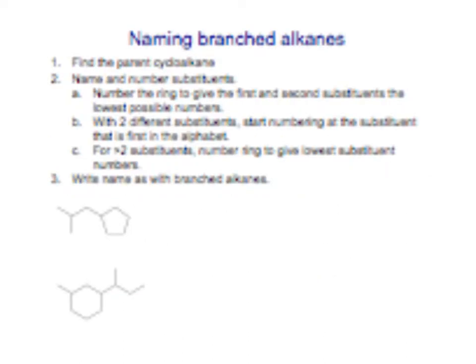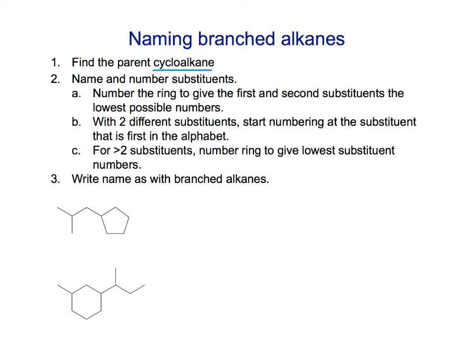The rules are similar, but not exactly the same. The first step is to find the parent cycloalkane, and then we're going to name and number the different substituents. If there's only a single substituent, it will automatically be at position 1.